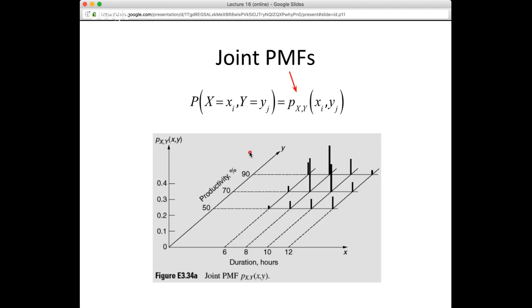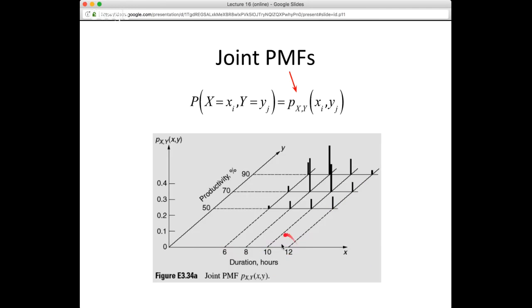So if we go back to our figure here, the marginal PMF for x would be basically giving us the probability, say if x was equal to 12, it would be the probability that you're going to get a duration of 12 hours for any productivity. So it doesn't matter, we don't really care what the productivity is, we're just interested in that marginal distribution along x.